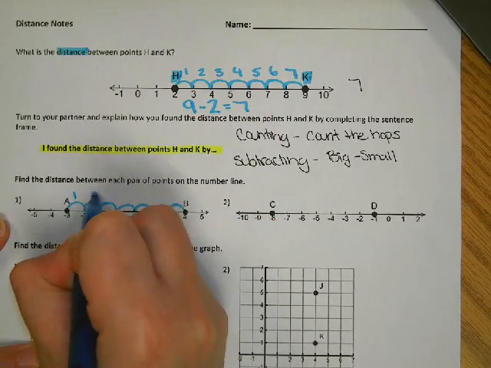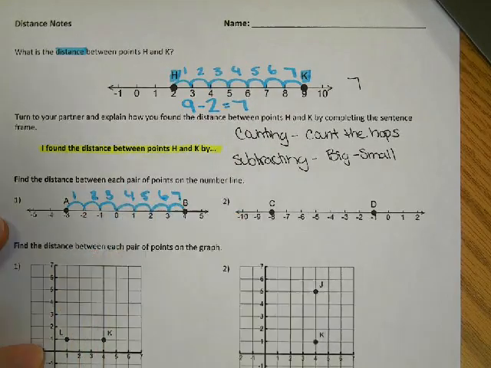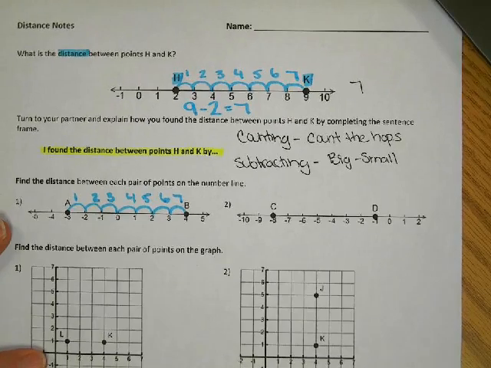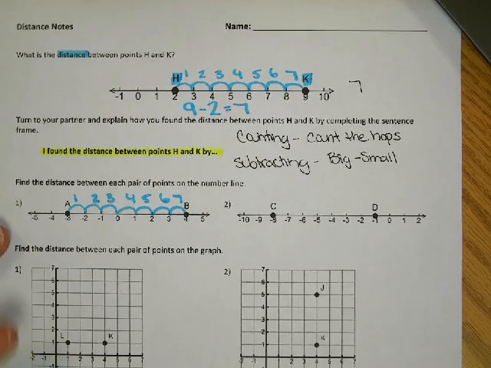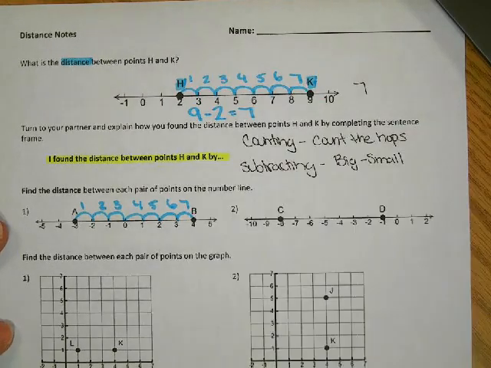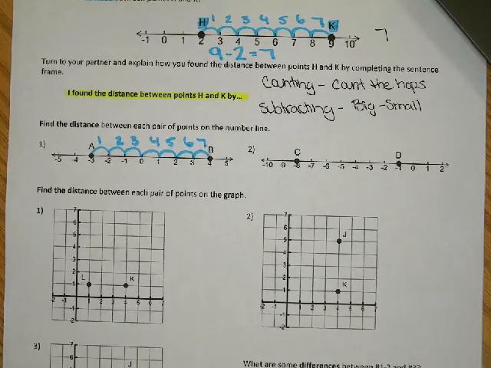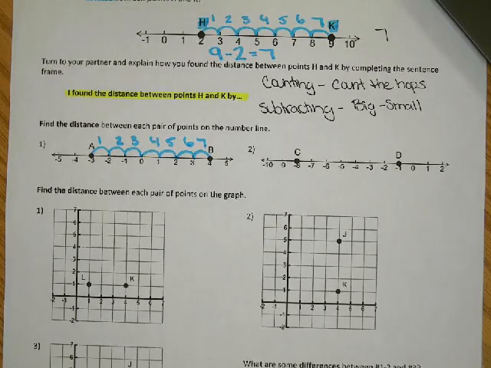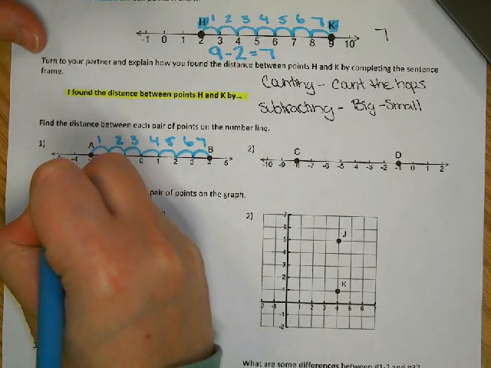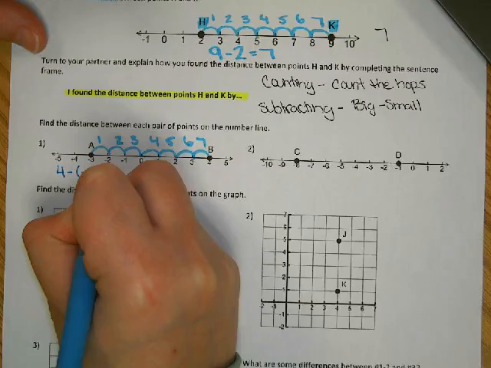So what's the distance between A and B? 7. So what would we do if we were to subtract them? How would we subtract? Four minus negative 3. And what does 4 minus negative 3 give us?